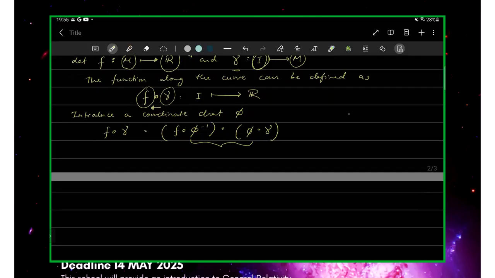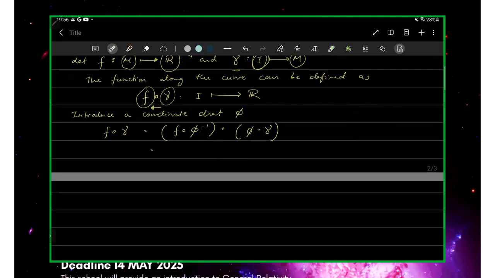Because these are inverse maps, if I do phi and then composite with phi inverse, it should just bring you back to where you were before. So I can write this expanding it, representing it with phi, the coordinate chart.